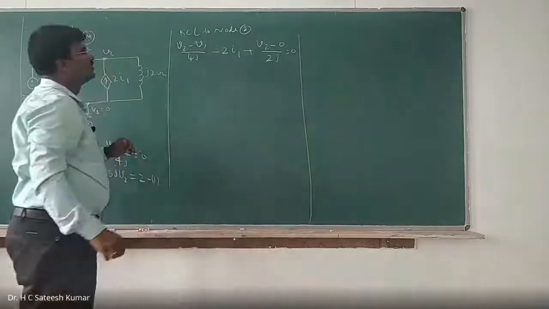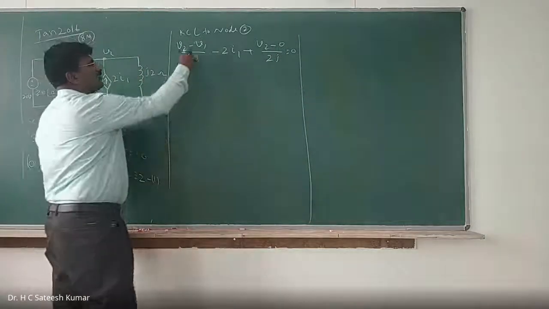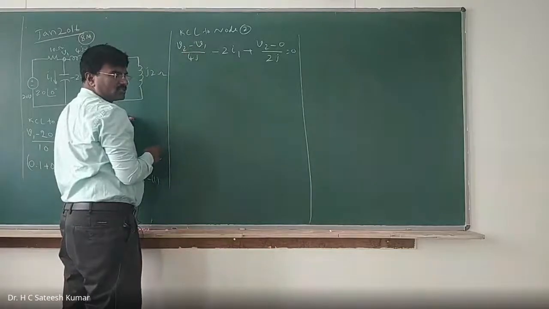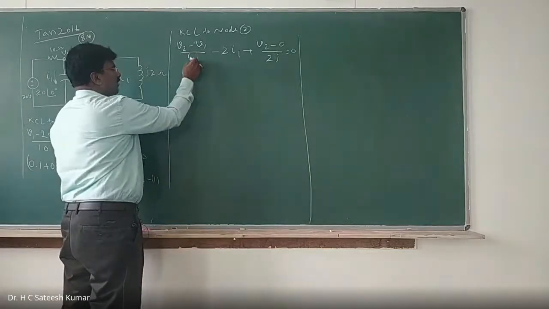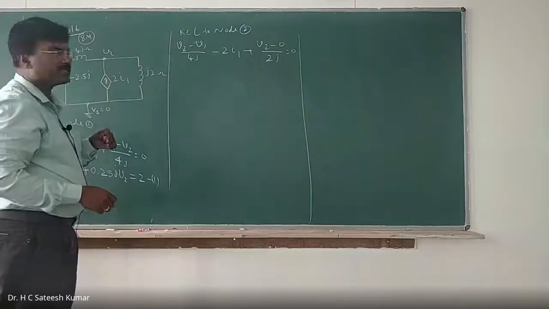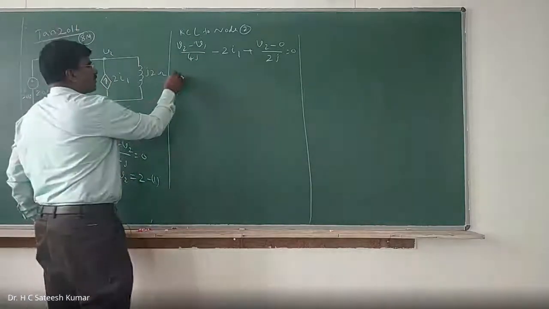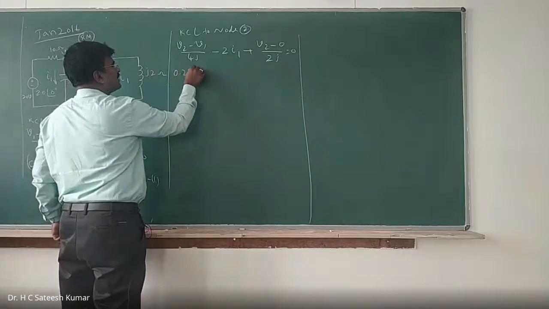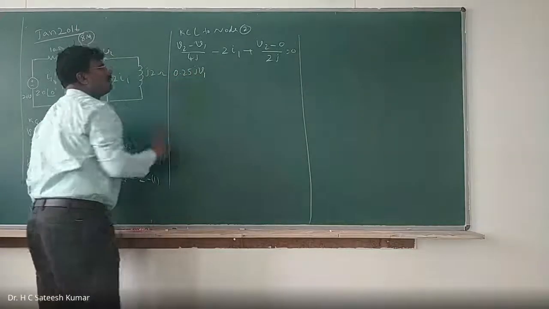V1 coefficient is 1 by 4j. When it goes to the numerator, minus j, minus of minus is plus j. Therefore plus 0.25j into V1.